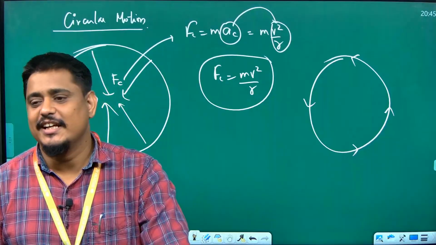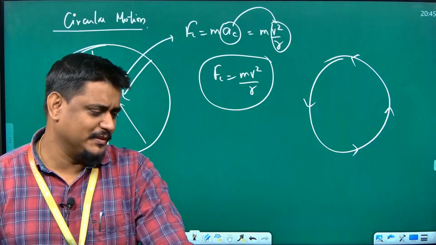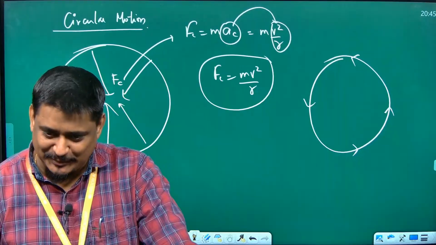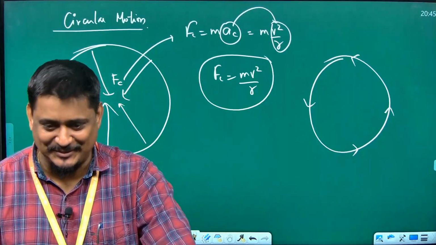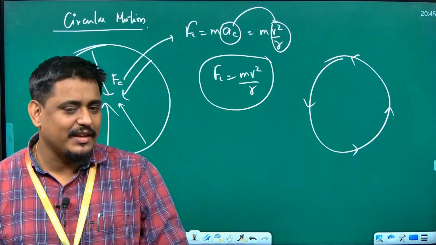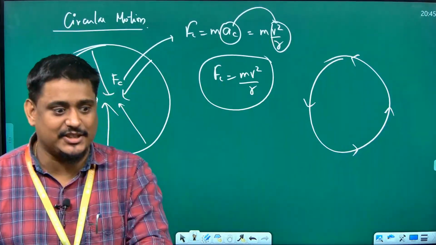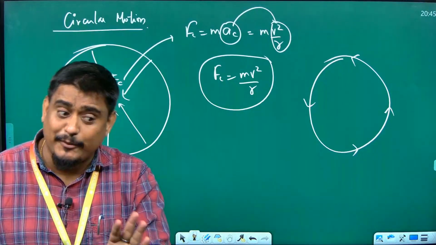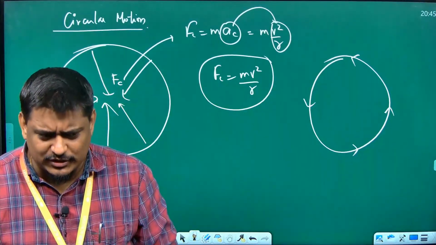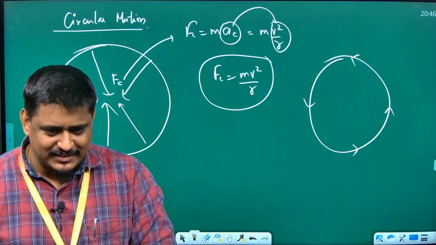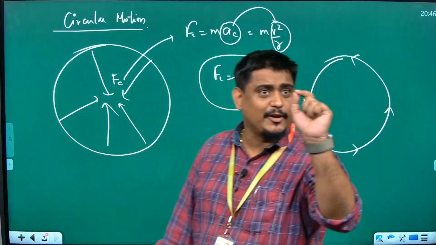Impossible. Because velocity is speed plus direction. Speed can be kept constant, but direction cannot be kept constant when you are moving in a circular path. Always, even in a microsecond, the direction will change.